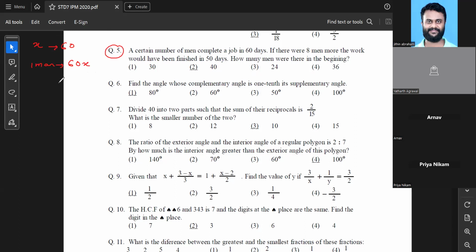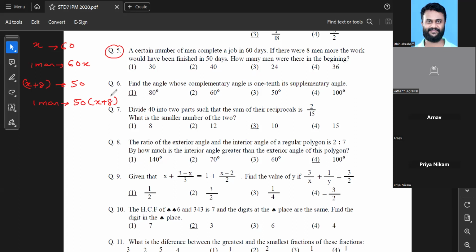This is the first data. In the second data, X plus 8 men are working to complete a job in 50 days. Again the same logic: if one man is working, that man would have taken 50 multiplied by (X plus 8) days.